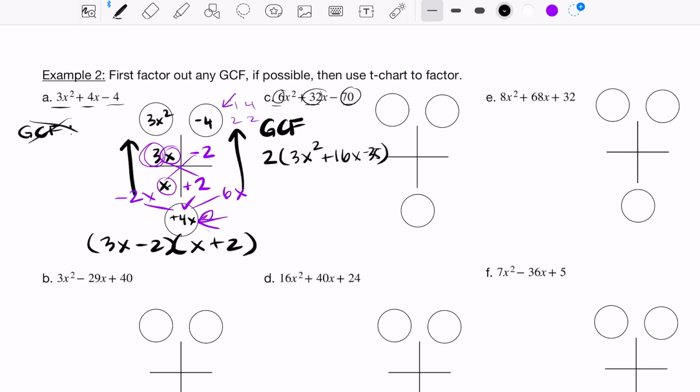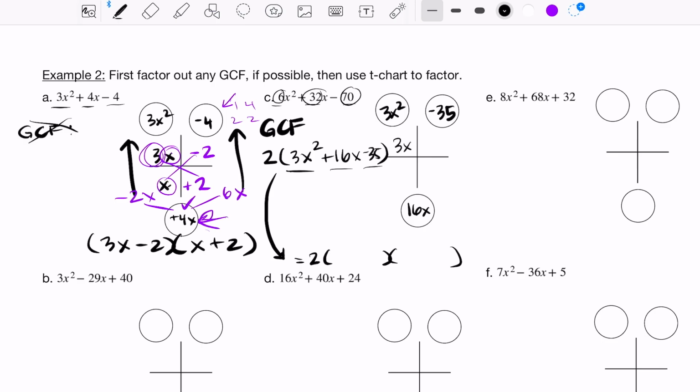Okay? And since the 2 has already been pulled out, I know when I write it in multiplication form or factored form, it goes down there. And then the trinomial, or the parentheses with the 3 terms, goes here.